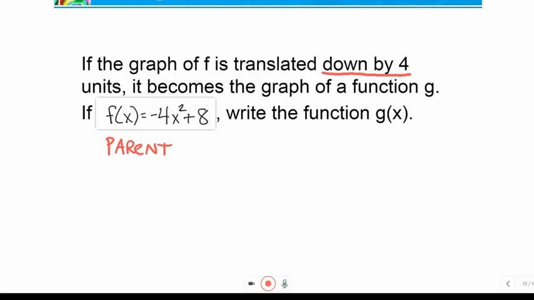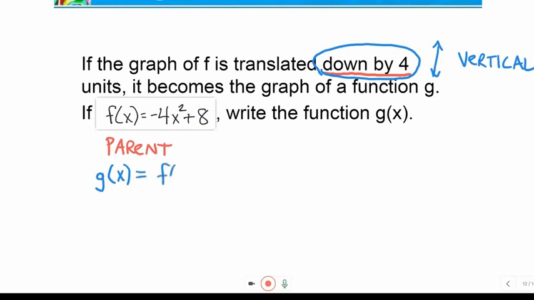So here's what I know. If this is moving down, up and down, that's a vertical shift. And a vertical shift means I'm going to add or subtract something to f of x. So if I'm moving down by 4, then I'm going to take my function and I'm going to subtract 4 from it.